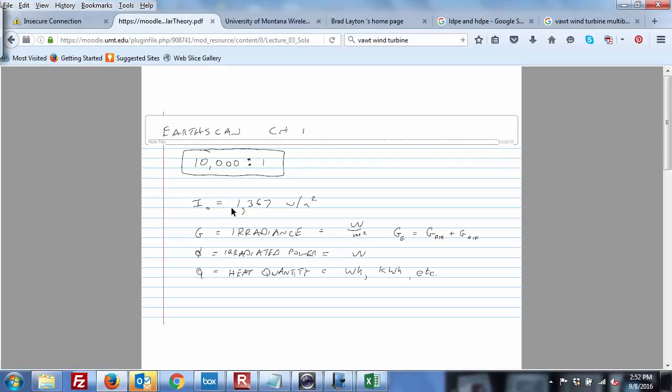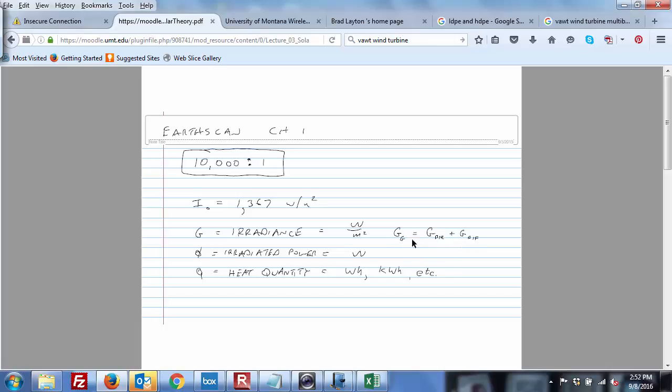This is some nomenclature from your textbook, your Earth scan. 1,367 watts per square meter is what's incident upon the Earth. G is the term for irradiance, and what I've got here is G sub G equals G direct, the direct irradiance, plus the diffuse.